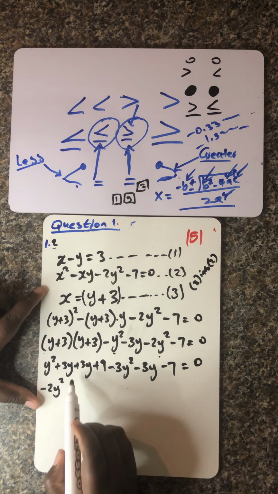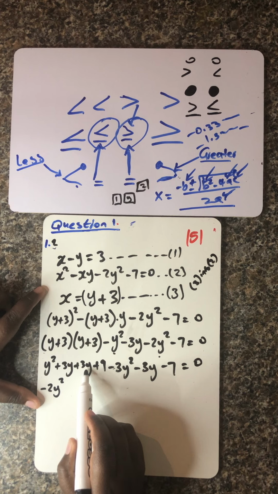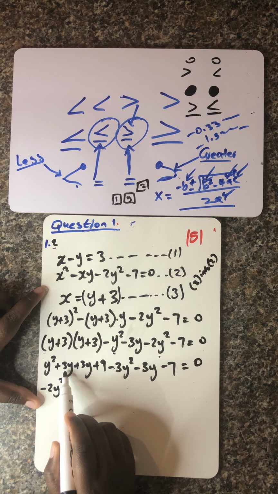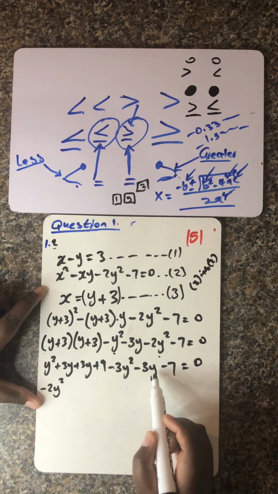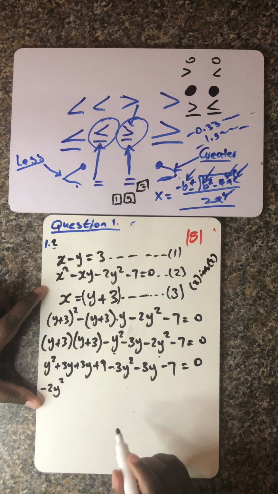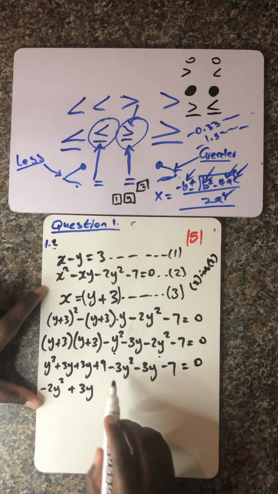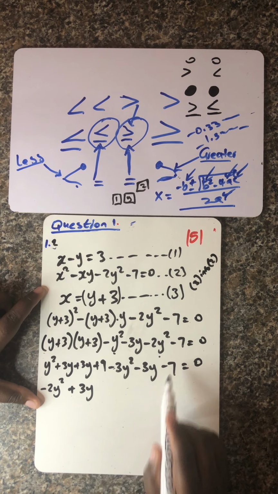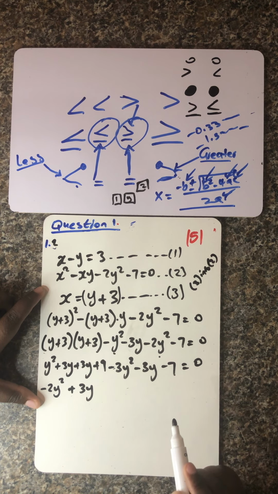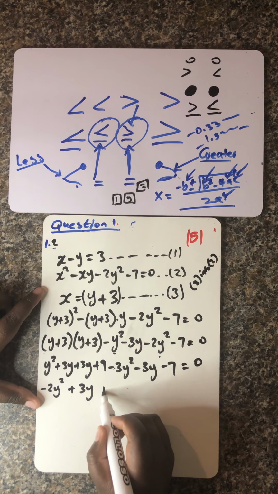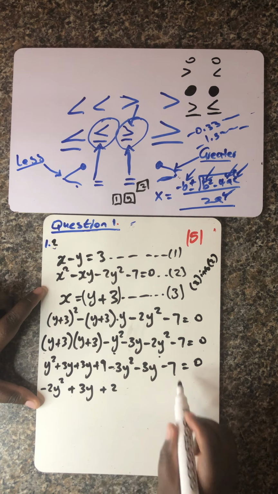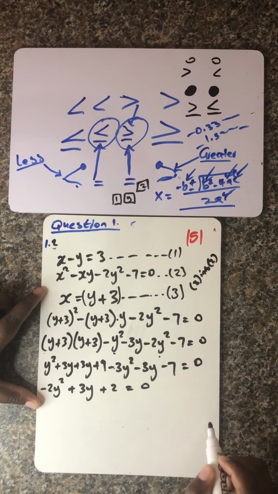So you've got 3y plus 3y, it's 6y, minus 3y, then you remain with 3y. You have 9 minus 7. So ladies and gentlemen, that is actually equals to 2, isn't it? Because 9 minus 7 is equals to 2. This is equated to 0.